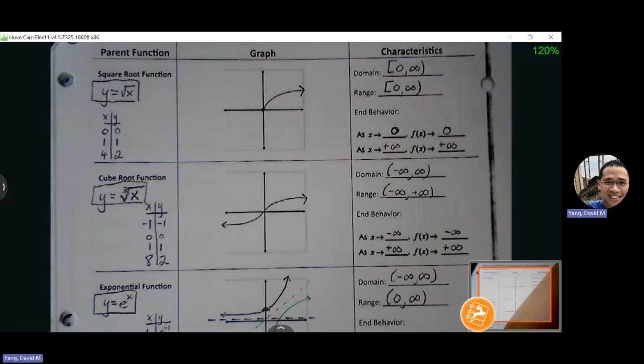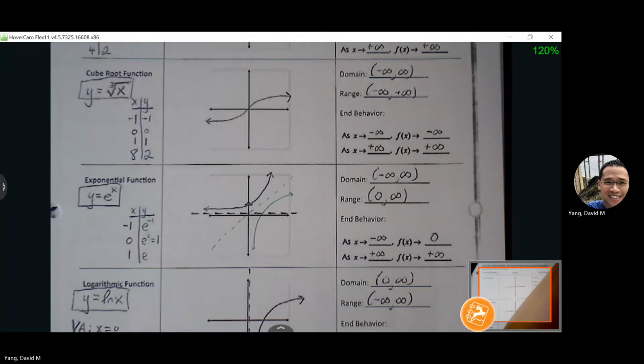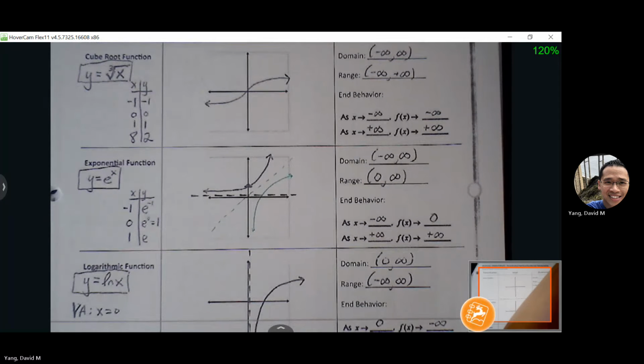What we will see a lot of will be the exponential function e to the x and the log function, natural log of x. The exponential function doesn't have to be e to the x. It could be 2 to the x, 3 to the x, 4 to the x. But the one that we're going to see the most often is e to the x.